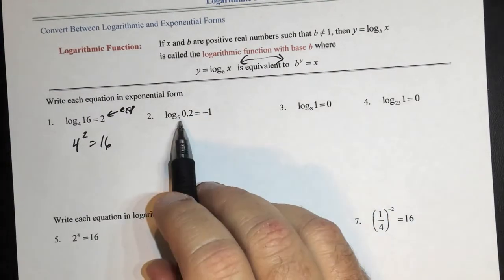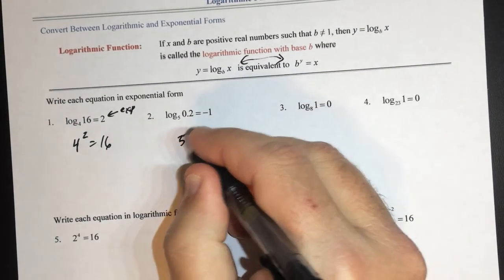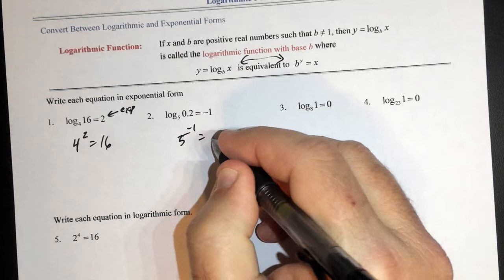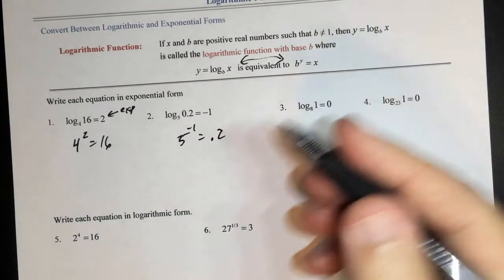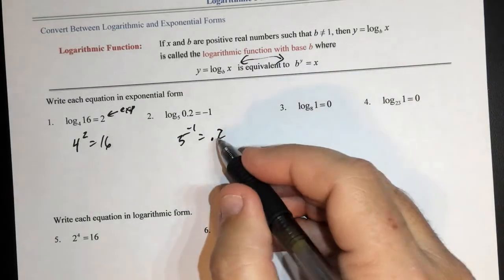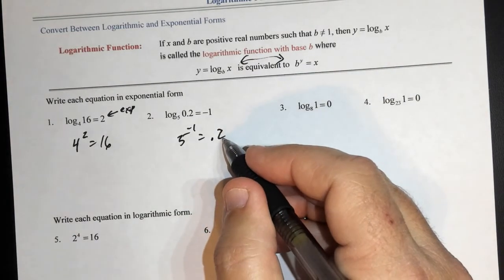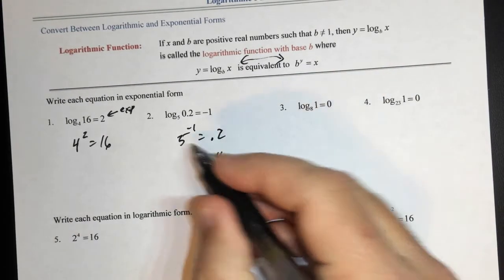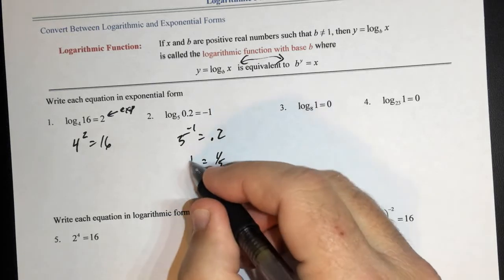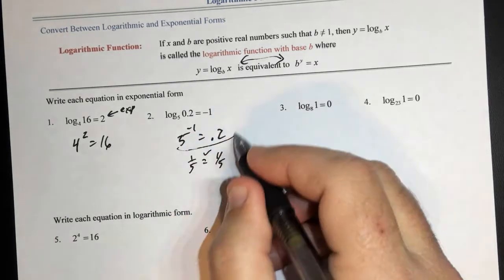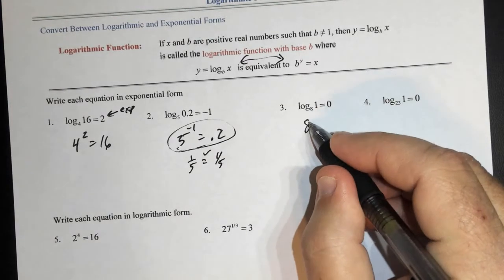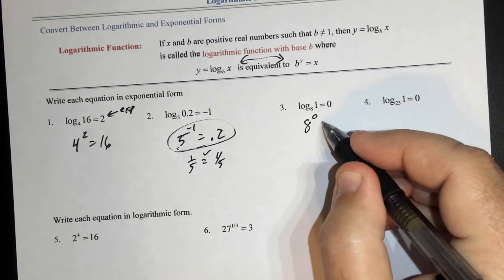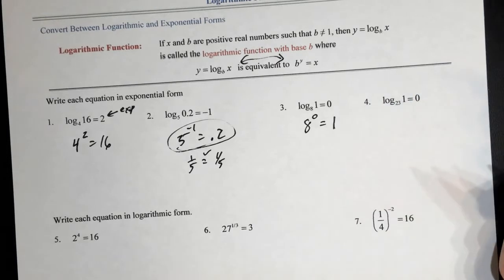Same thing here: 5 to the exponent negative 1 is 0.2, which is 2/10, or a fifth. Negative exponent, so it does work, right? Then we have base 8 to the 0 power is equal to 1.